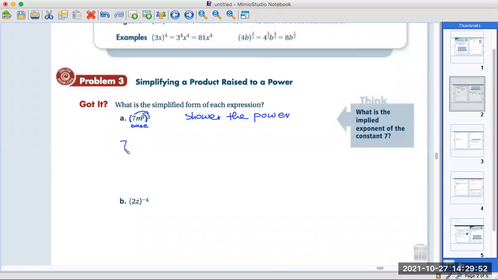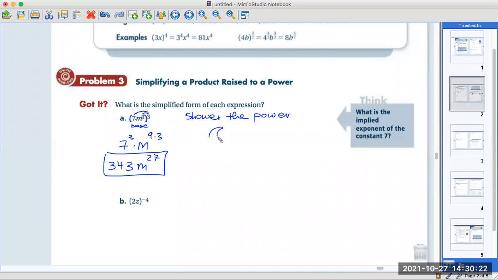So now we have 7 raised to the power of 3 times, remember I said it's always times in this lesson, m, and you multiply these two, 9 times 3. 9 times 3, 27. 7 cubed, I believe, is 7 times 7 times 7, which is 343, m to the power of 27. Okay.